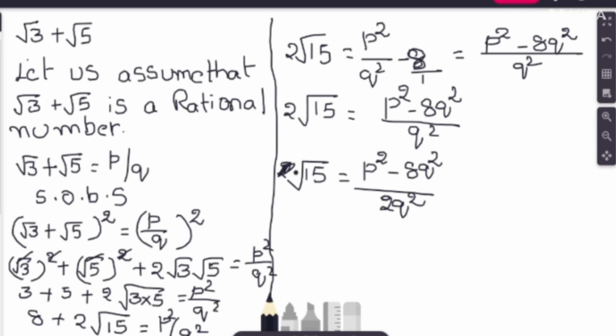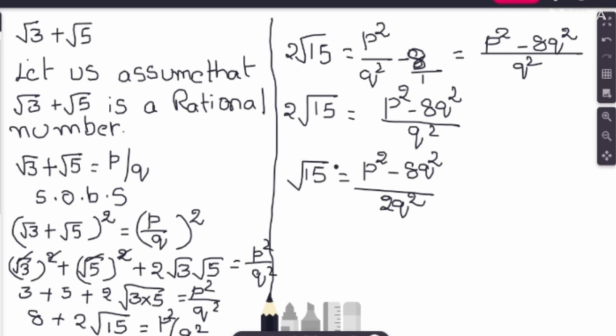Now you observe: on the left side we have root 15, whereas the right side has p square minus 8q square by 2q square. Instead of p and q, you substitute any integers, then it will be a rational number.